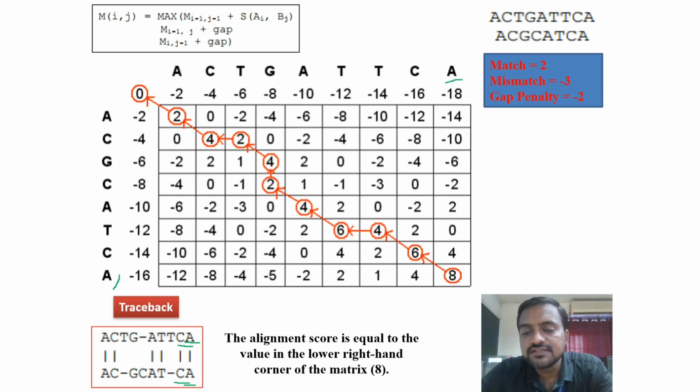Now you can see there is an arrow mark on the left-hand side, and I told you in the previous slide, if it is an arrow mark pointing towards the left, it means we are going to introduce a gap at that particular position.